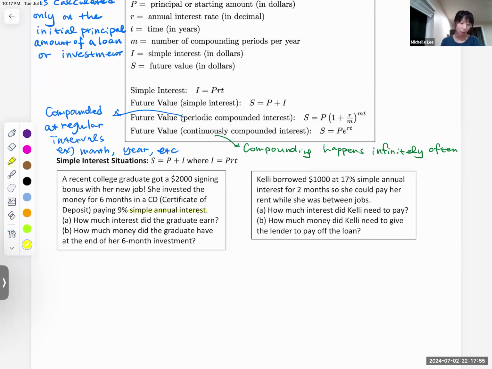So I equals PRT, where P is the principal, R is the rate, T is time in years. In this case, how much interest did the graduate earn?